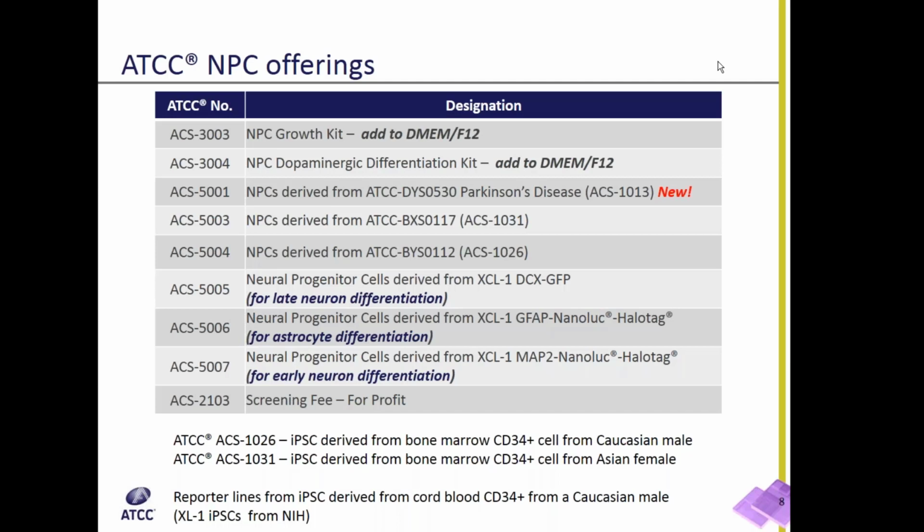In addition to that, we also carry a growth and expansion kit and a dopaminergic neuron differentiation kit, which you simply add to DMEM F12 to make your complete medium.